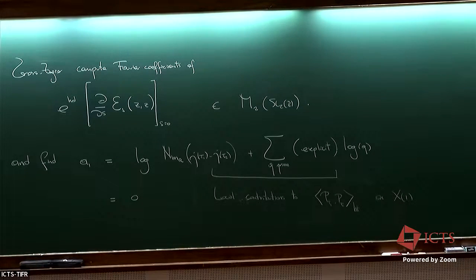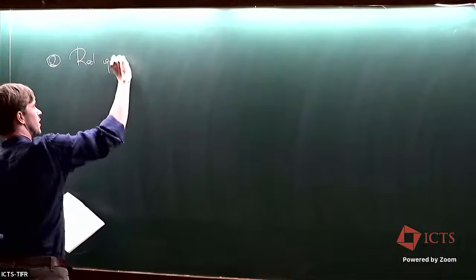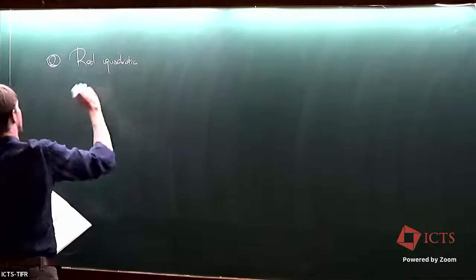Let's now go to a setting that is a little bit more mysterious. And that's the setting of real quadratic fields. So of course, all these developments in complex multiplication have led to lots of very interesting applications. So we'd very much like to generalize it to other number fields, real quadratic number fields being the simplest case where it's not so clear what to do at all.